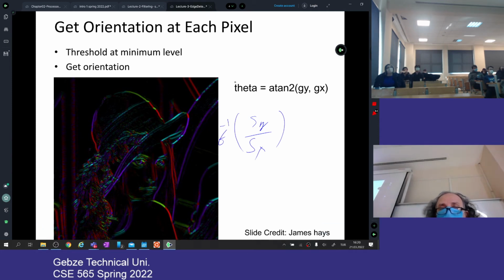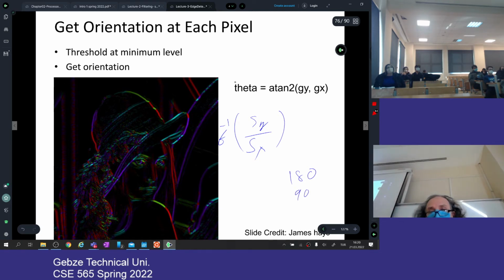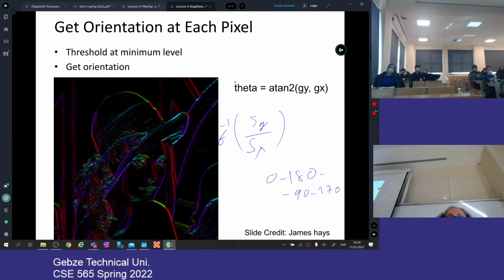Color means it is the angle. I guess red means 180 degrees and green means maybe 90 degrees. Here 180 and 0 are the same thing, 90 and 270 are the same thing. So it is not direction sensitive.